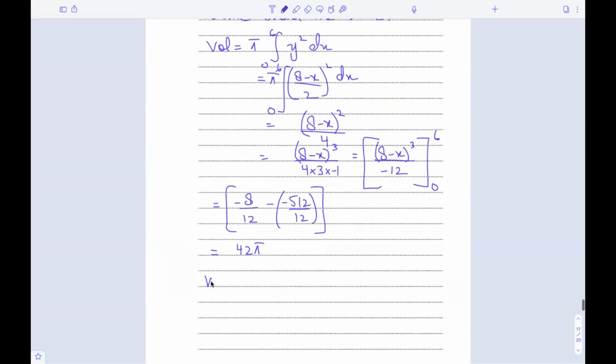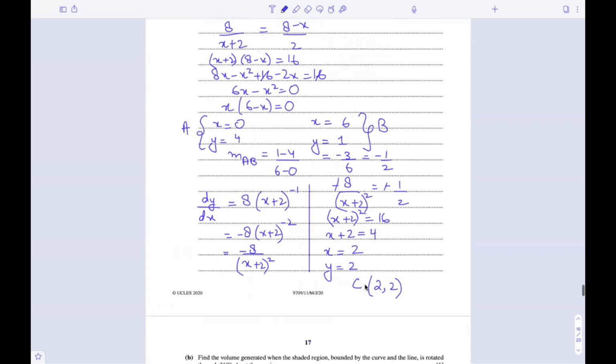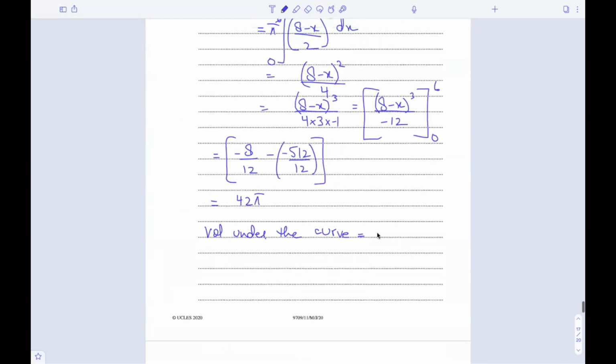Now for the volume under the curve, the equation of the curve is 8 upon x plus 2. First we square this, and then we integrate, taking the limits as 6 and 0 again.